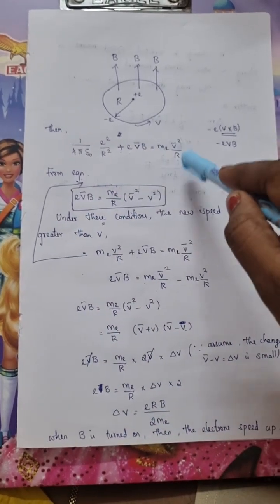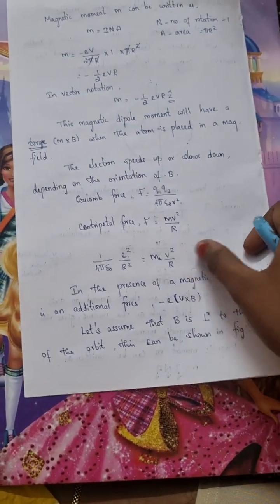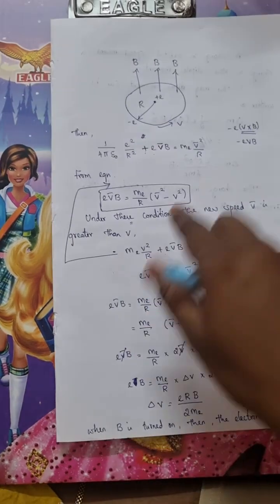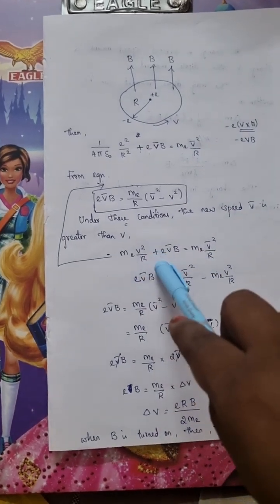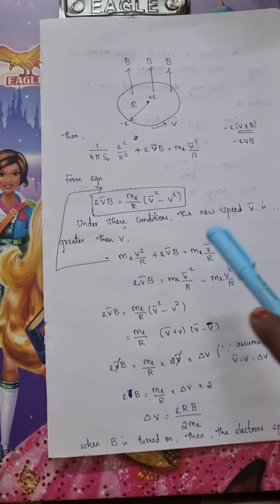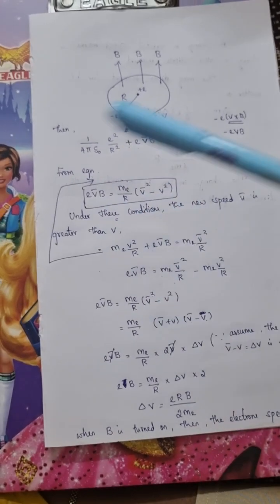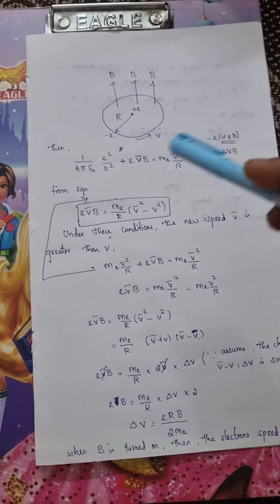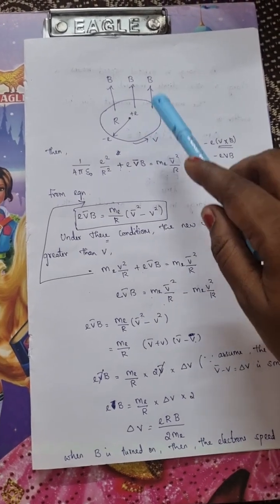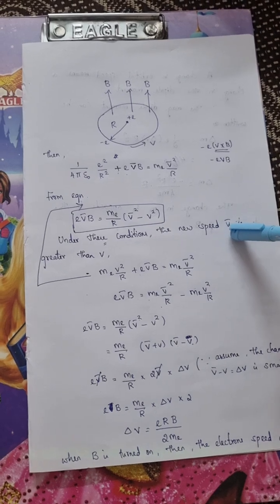Combining this equation with the earlier equation, we get m v square by r plus e v bar B equals m v bar square by r. Here v bar is the new speed; after the introduction of B, the speed is v bar.